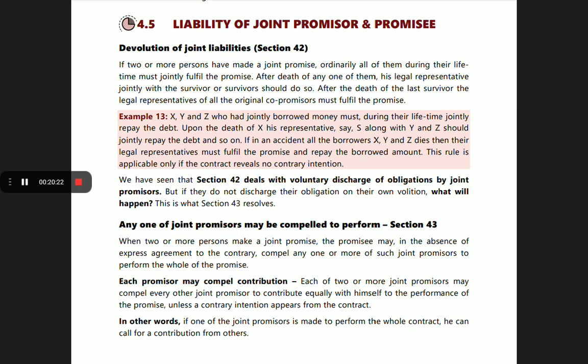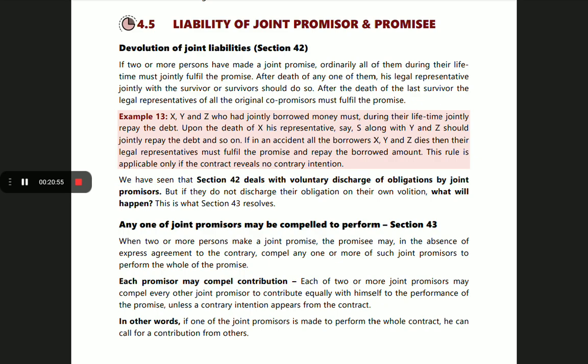Any one of joint promisors may be compelled to perform. Section 43: when two or more persons make a joint promise, the promisee may, in the absence of express agreement to the contrary, compel any one or more of such joint promisors to perform the whole of the promise.